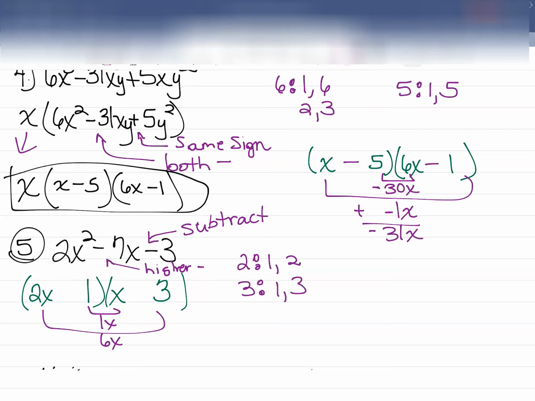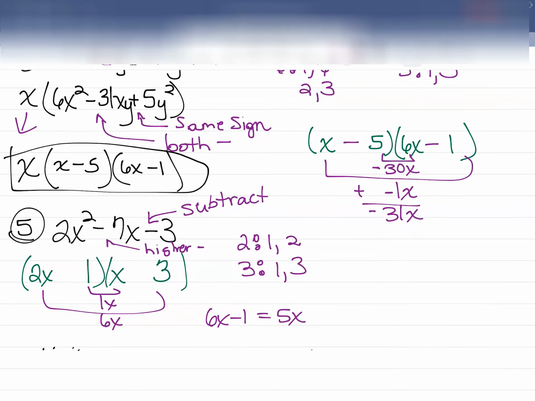When I check my O and my I for my FOIL, if I subtract those, I'm getting a 5x. Not the 7x I wanted. I would have had to add to get that. So it's not going to work because I said I needed to subtract.